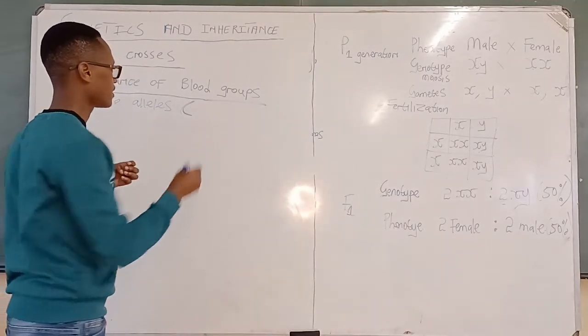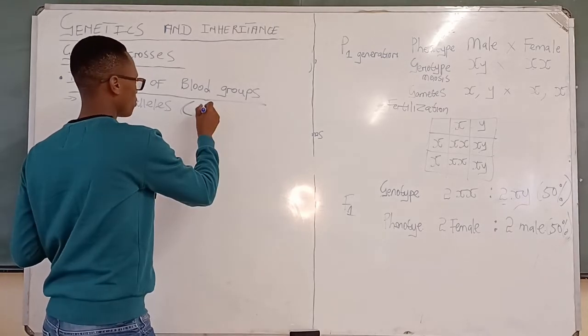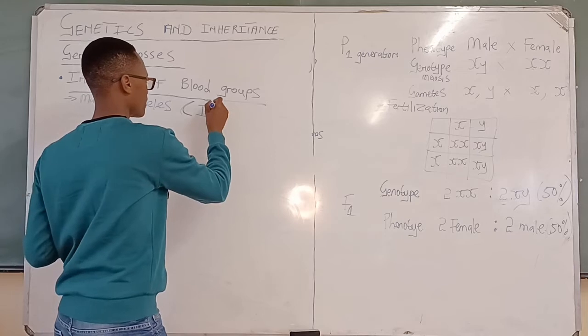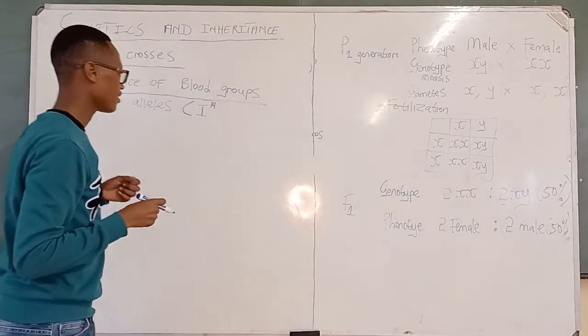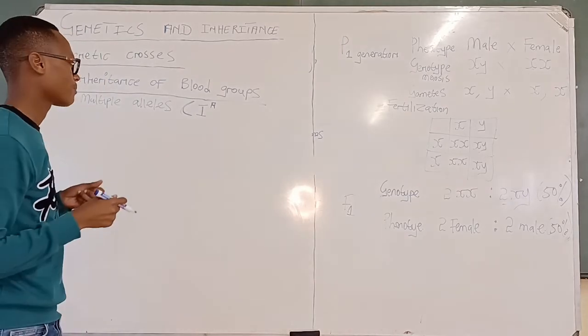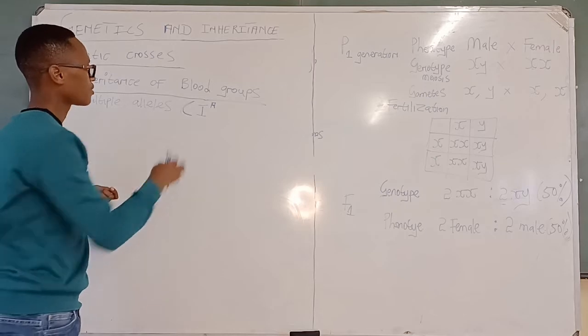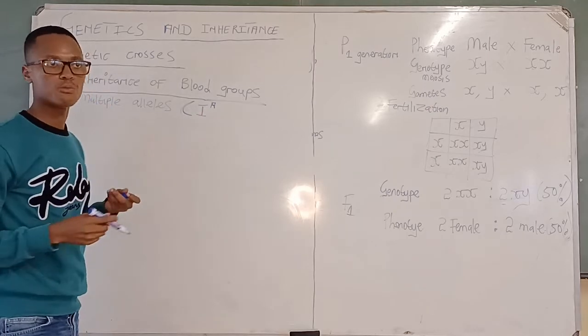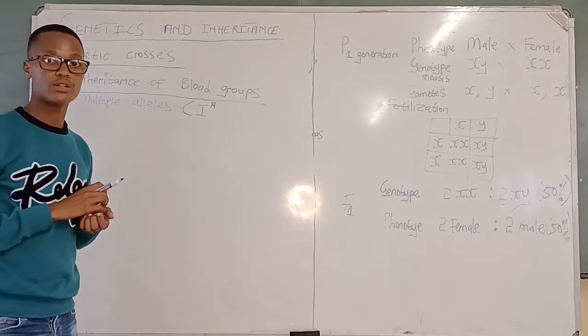The first one is this one, immunoglobulin A. You're not required to know the term immunoglobulin, but you can just know it for curiosity's sake. So this I stands for immunoglobulin, to show that this is an allele or a gene for blood group.